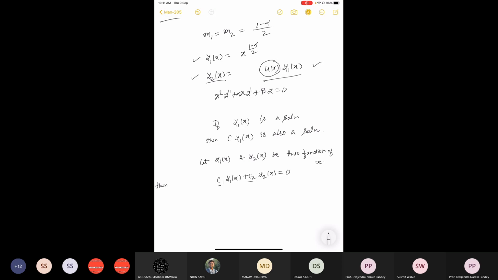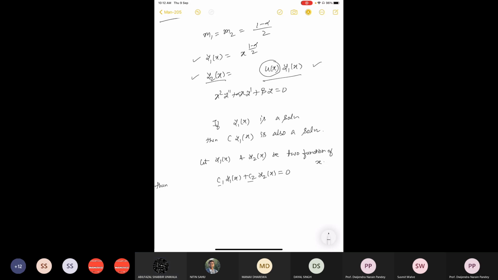Then you have to put a condition on u(x) such that y2(x) becomes a solution of the second order differential equation. Now look at it from the equation side. Suppose you have an equation given to you. Since it is a second order equation, and we already proved that if it is a second order differential equation, then we must have two linearly independent solutions.